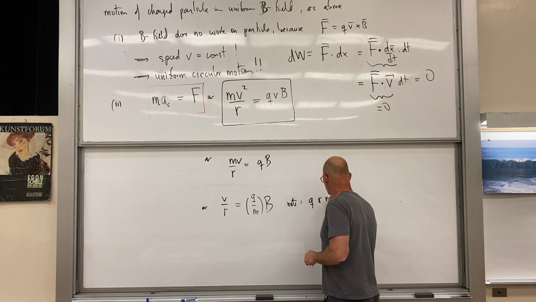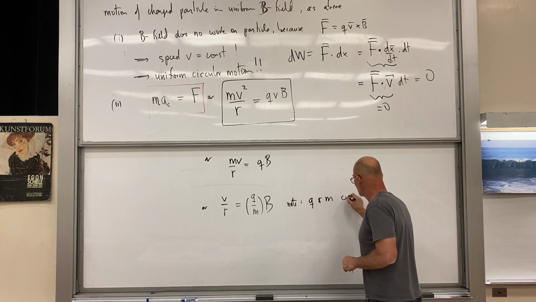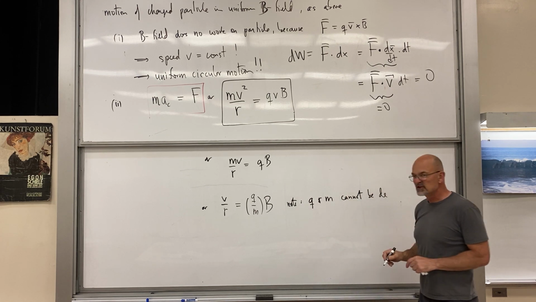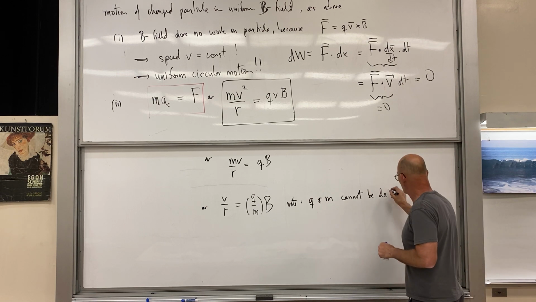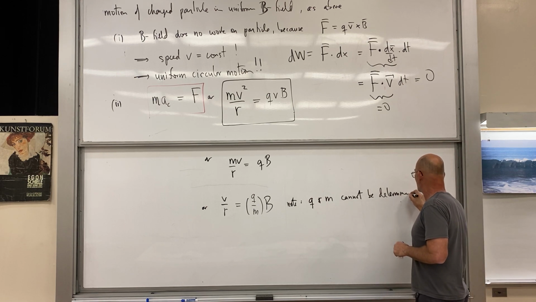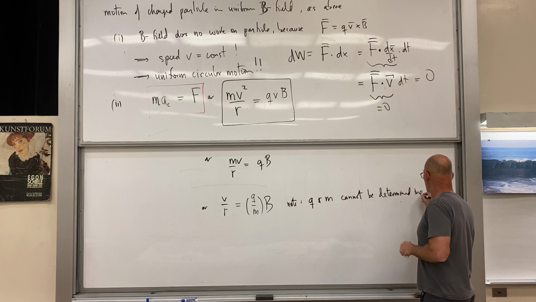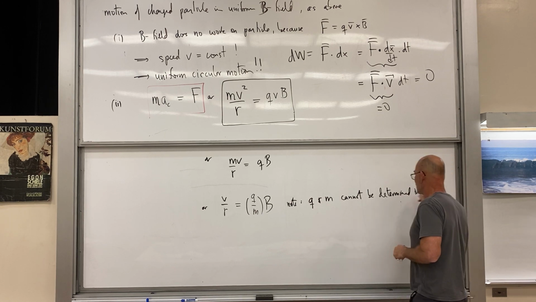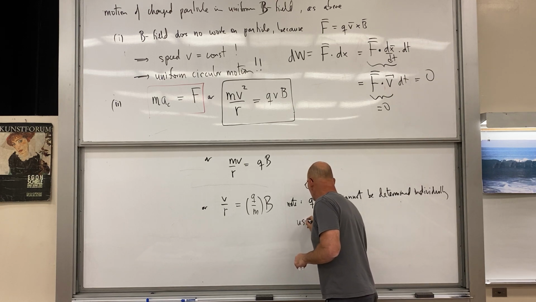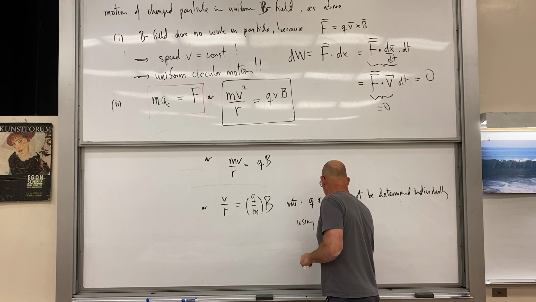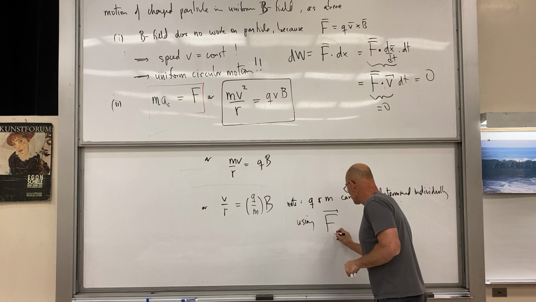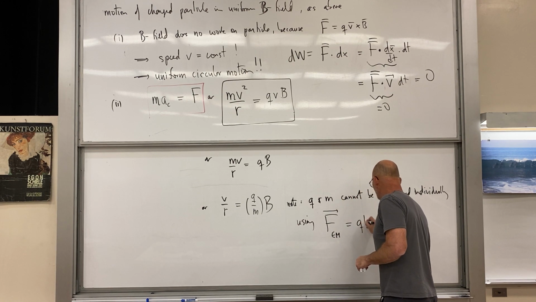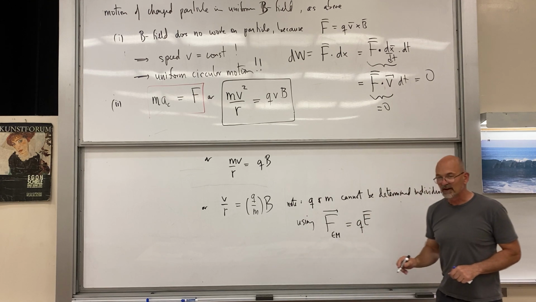Q and M cannot be determined individually just using these formulas. Using F, and I'm going to call this F electromagnetic, because we already knew that the force was Q times E, right?